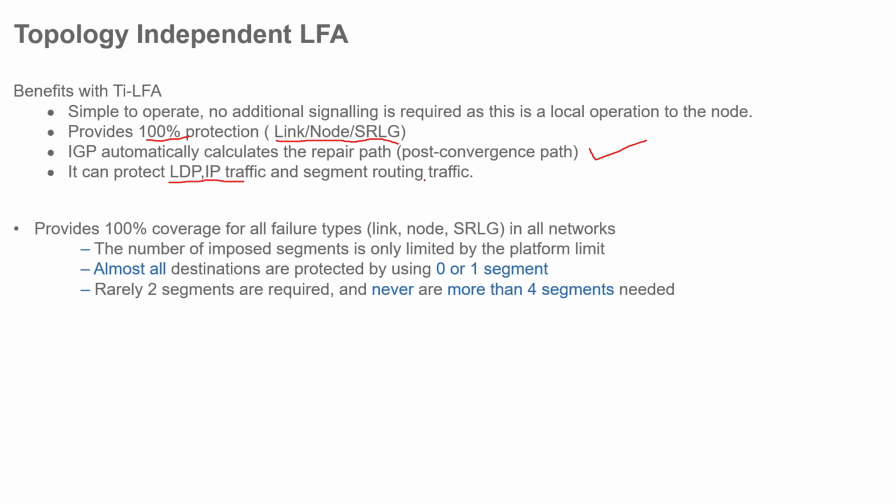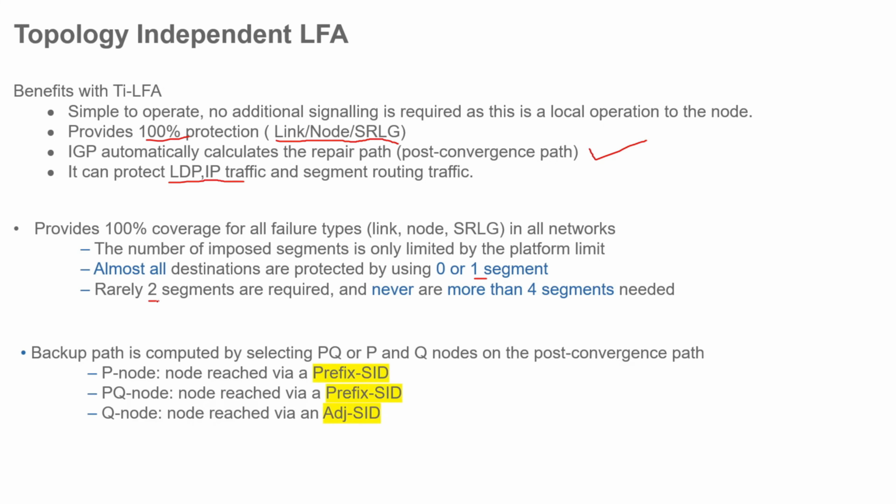While providing those coverages, we can have no extra segment, we can have one segment, and at most 2. While calculating the backup path via the post convergence path, the router figures out the P node, and to reach that P node it uses the prefix-sid.